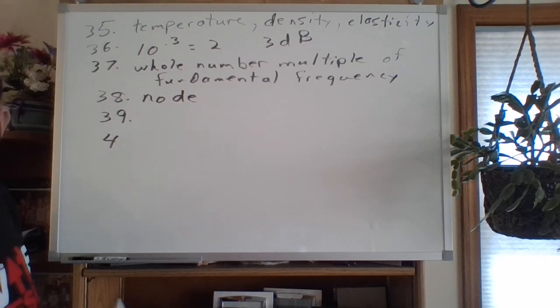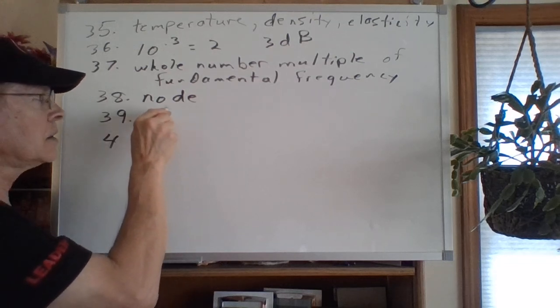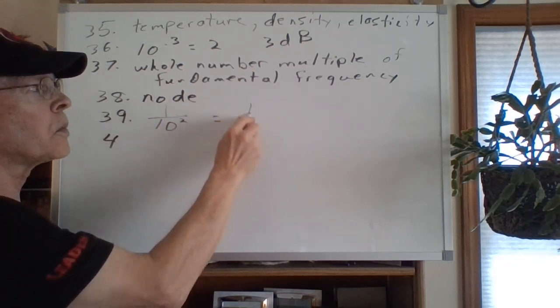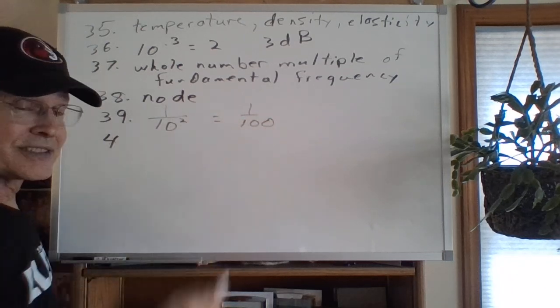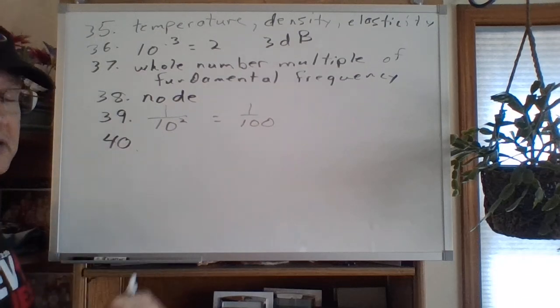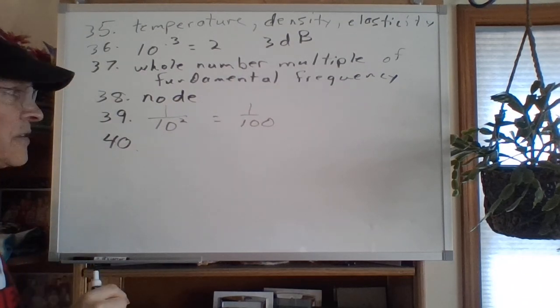Well, you would get the inverse square of that: 10 times further away, inverse square, you would get 1/100th as much sound. So getting further away from a sound source diminishes the sound intensity significantly.